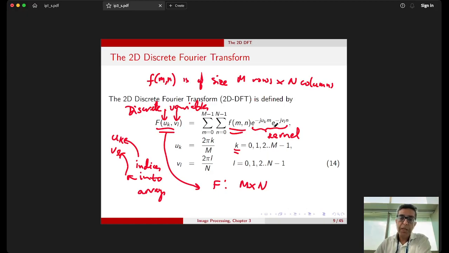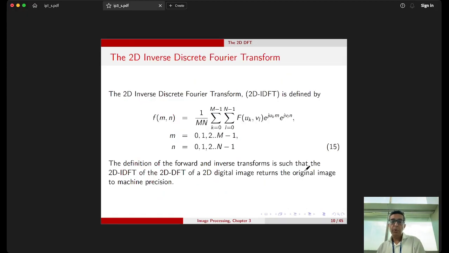Now, just as we have the forward and inverse transform for the continuous spatial domain case, f as a function of x, y, we also have an inverse discrete Fourier transform for the two-dimensional DFT, and it's known as the two-dimensional inverse discrete Fourier transform, unsurprisingly. And it has this inverse scaling before it, so 1 over large M, large N. And here you can just see that the kernel looks very similar to that of the inverse continuous Fourier transform.